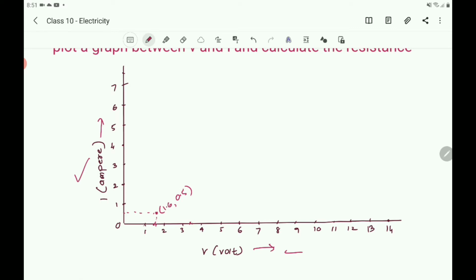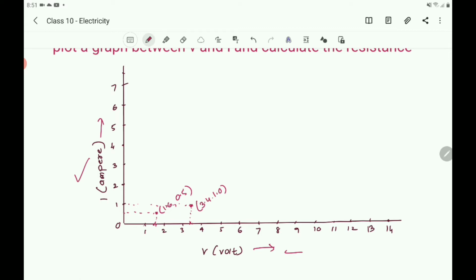And current is 1. Current is 1 means straight go to here. So you will get the point, that is 3.4 and 1.0.